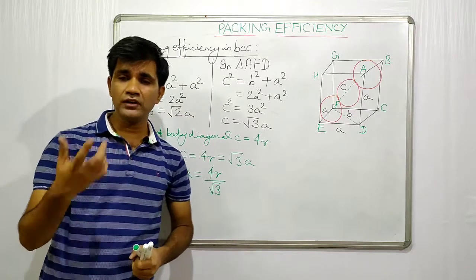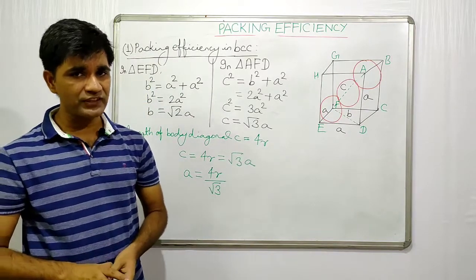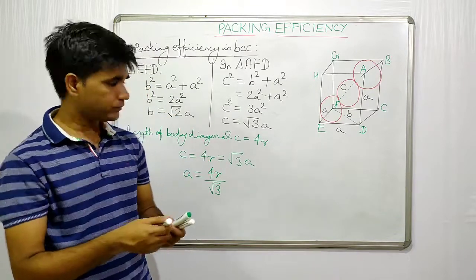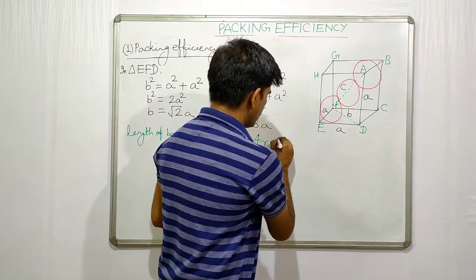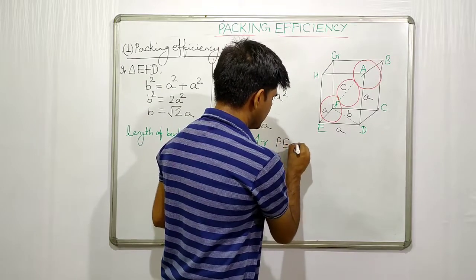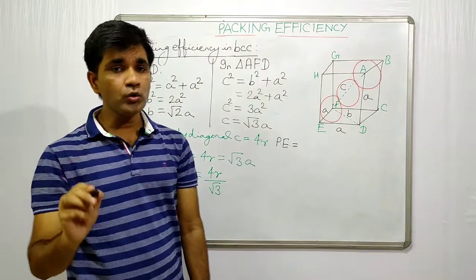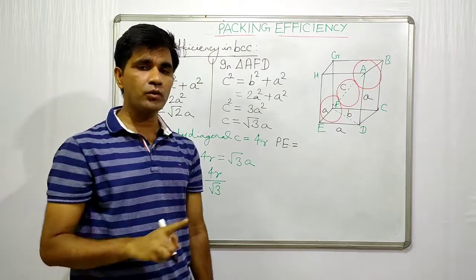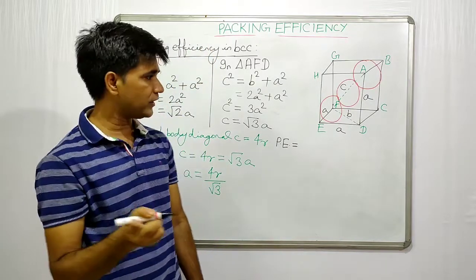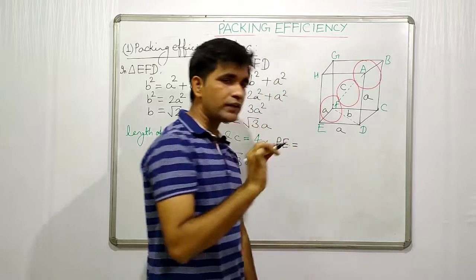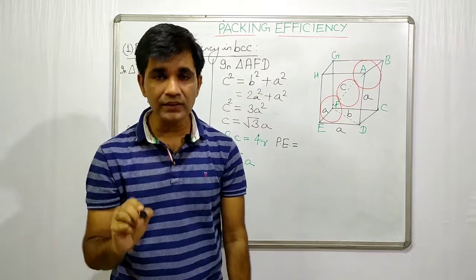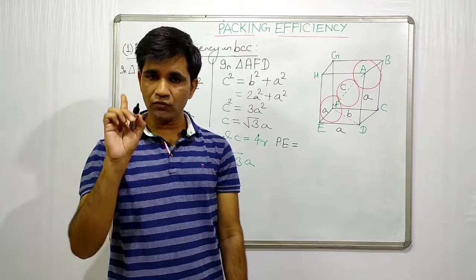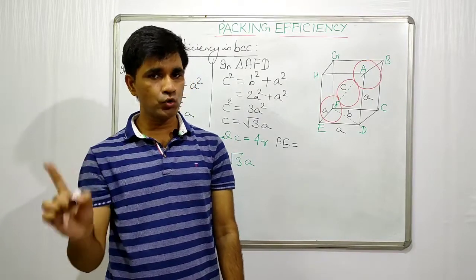Students, now we will use the formula of the packing efficiency as we used in the earlier case of FCC. So the formula of the packing efficiency is equal to volume occupied by 2 spheres in the unit cell. Earlier we used 4 spheres in the unit cell. Here we know that in case of BCC, the number of constituent particles in one unit cell is equal to 2.